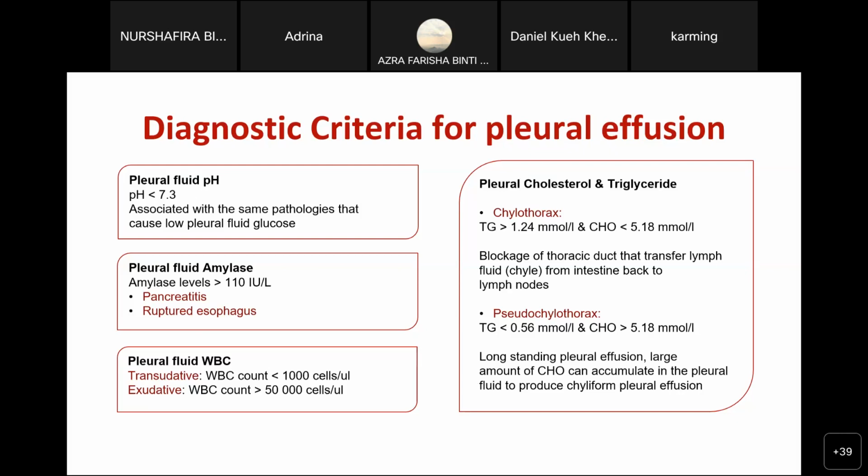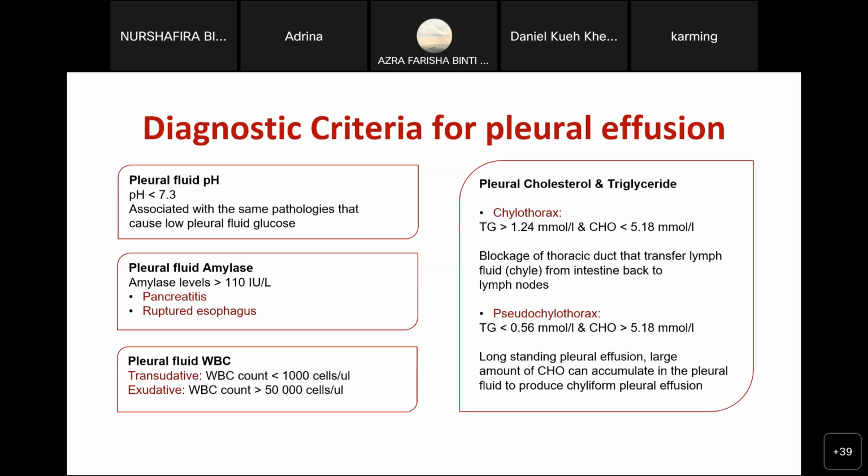You are given a few minutes to take the history, and then they will give you the X-ray of this patient. Let's say they show a pleural effusion, and later on they will give the pleural fluid analysis, and you analyze from that and answer a few more questions, such as how to confirm the diagnosis. But it's only for 10 minutes.